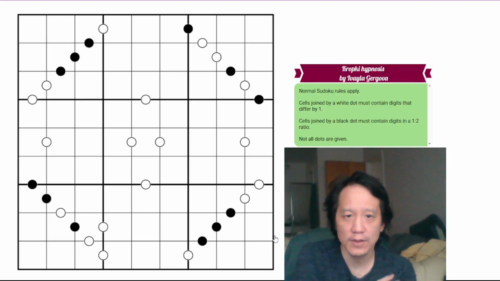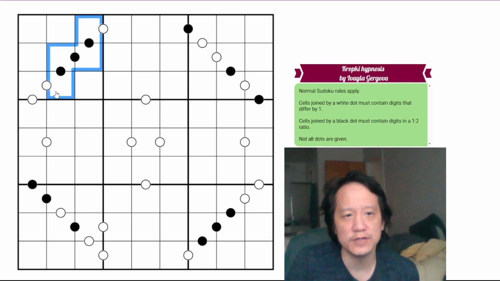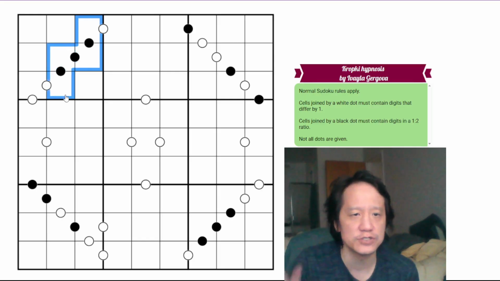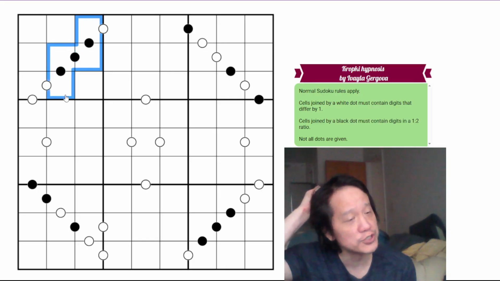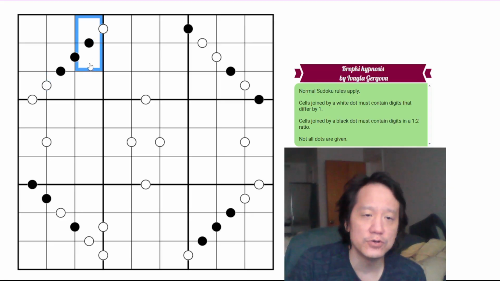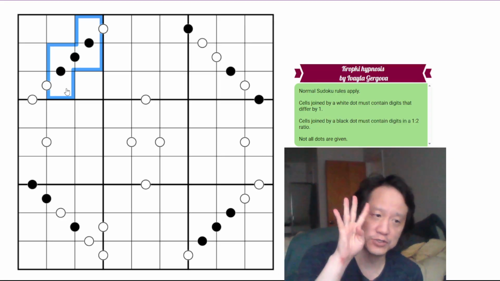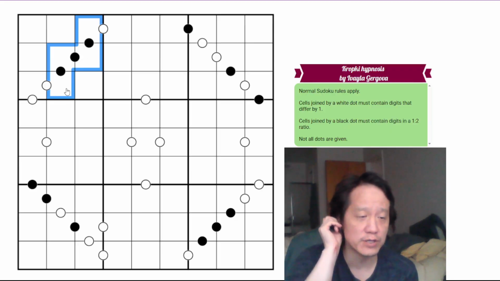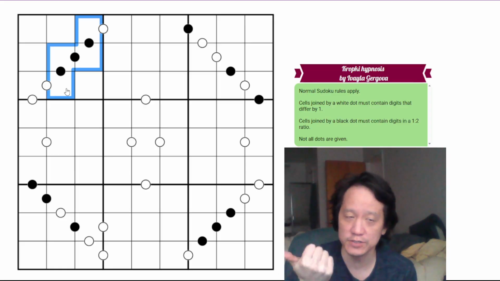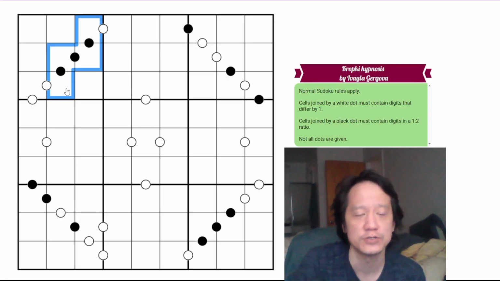Okay. The ones that I see immediately are the boxes with 4 unique digits all in a 1 to 2 ratio between them. There's only one sequence of 4 unique digits that is in a 1 to 2 ratio all between them, and that would be 1, 2, 4, and 8, right? 1 and 2 is a 1 to 2 ratio, 2 and 4 is a 1 to 2 ratio, and 4 and 8 is a 1 to 2 ratio.